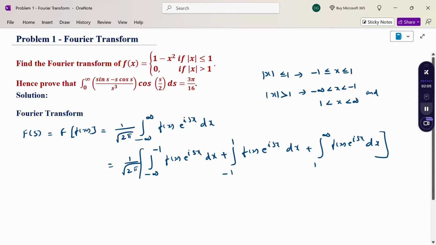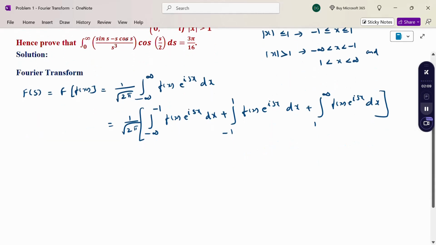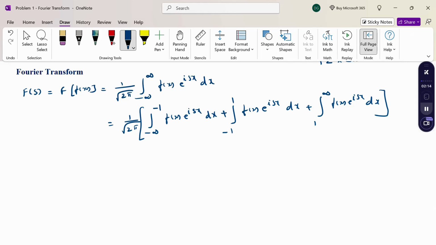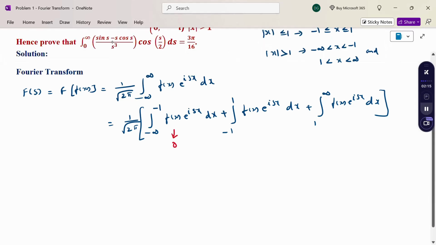Now the range is split into 3 ranges. Now what is the f of x value? From minus infinity to minus 1 f of x is 0, from 1 to infinity f of x is 0, and in between f of x is 1 minus x square.